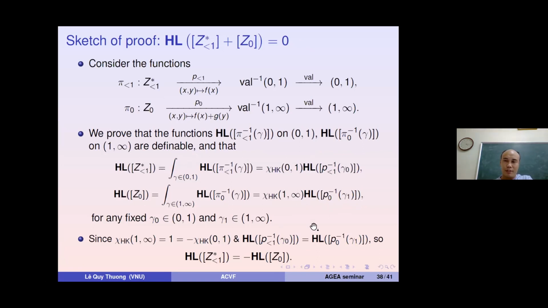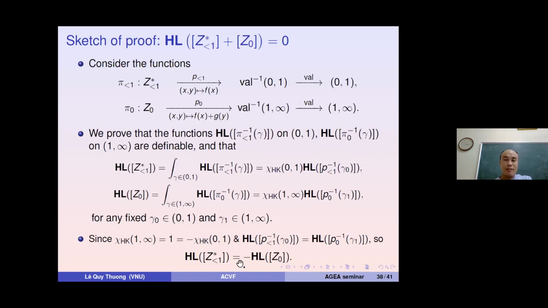And the Euler characteristic of this one and this one have the same value but opposite sign, and this and this one are the same, so we get this one.